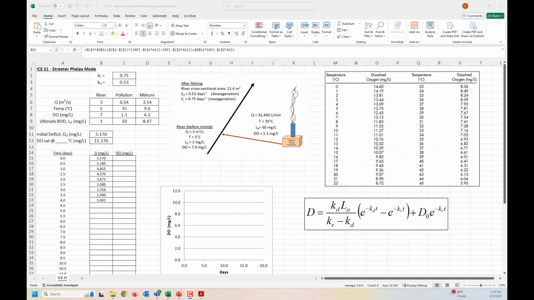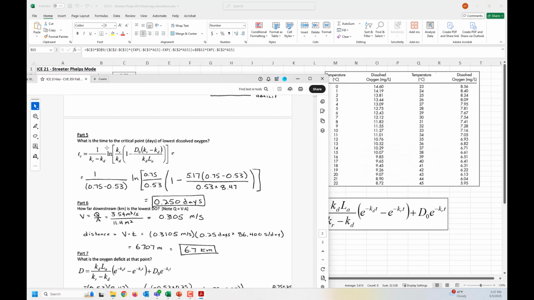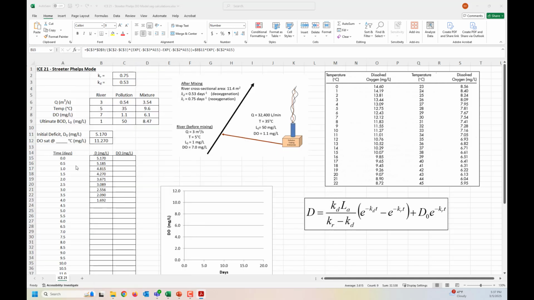If we go back to the hand calculations from earlier, remember that what we saw is that the critical point was 0.25 days. And so we've just blown past it. The deficit is already recovering. And so this is where I was talking earlier about how I don't know off the bat what kind of time scale to use until I start to do the calculations.